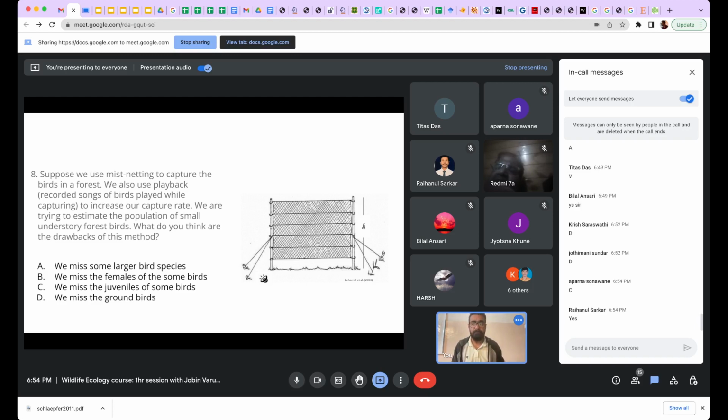So people say that the answer is D or C. D is we miss the ground birds. C is we miss the juveniles of some birds. Okay, there's a very important biological factor related to playback.